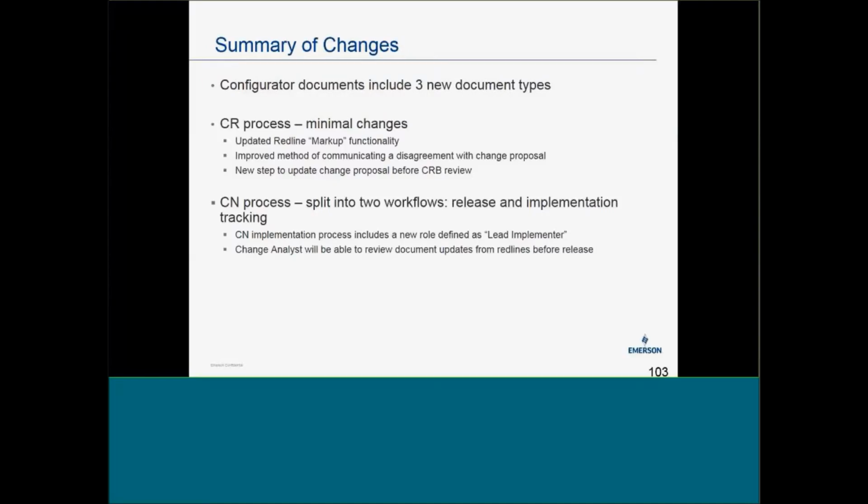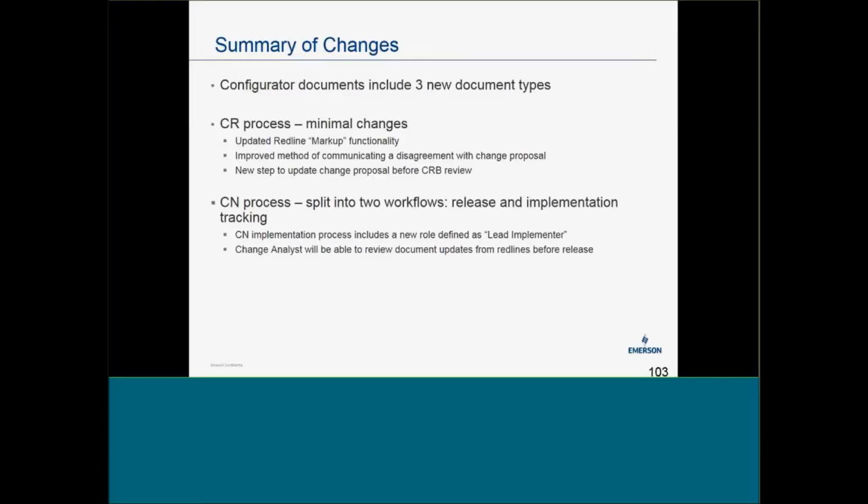So to review, we have 3 new configurator document types that are in scope: the routings worksheet, the build location rankings, and the tag requirements. The CR process has minimal changes, the most significant being the updated red line markup functionality, and 2 other changes to improve the method of communicating this agreement with the change proposal, and a new step to update the change proposal after the impact analysis before the CRB review.